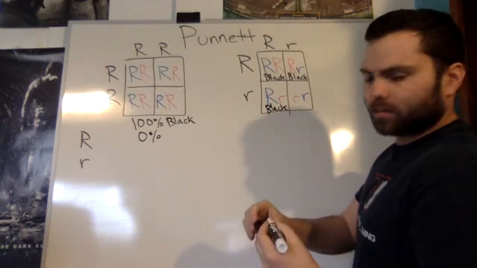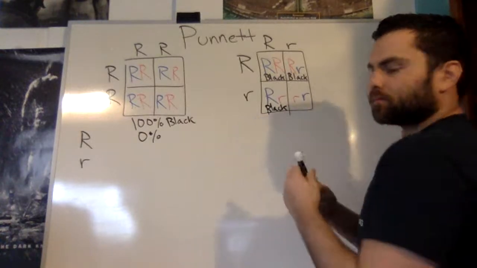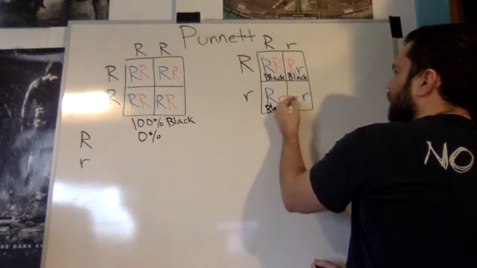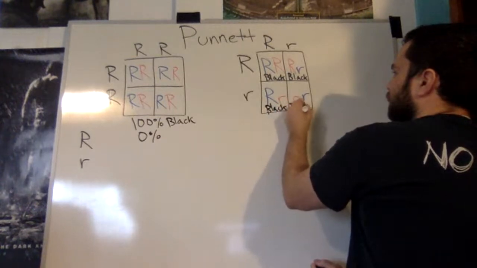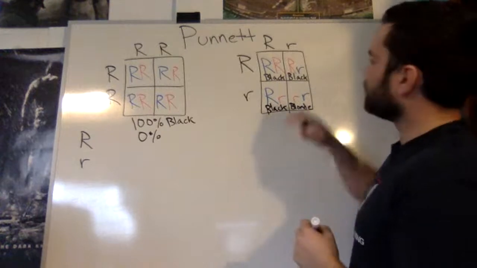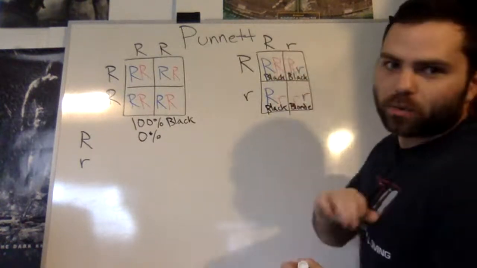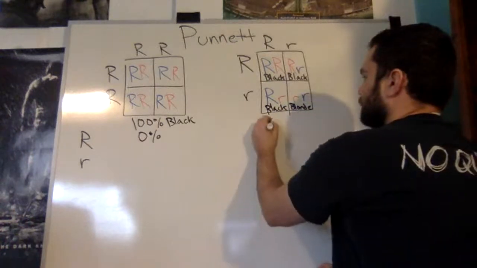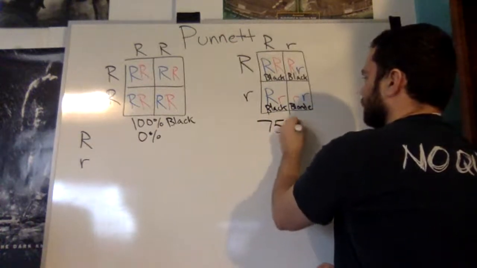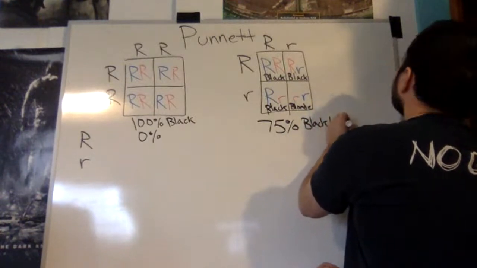What do you guys think? If it's not black hair, you're going to have blonde hair. Okay? So we're asking what % chance that you have black hair. So each one of these, remember, it equals 25%. So you're going to have 75% black hair. Okay?